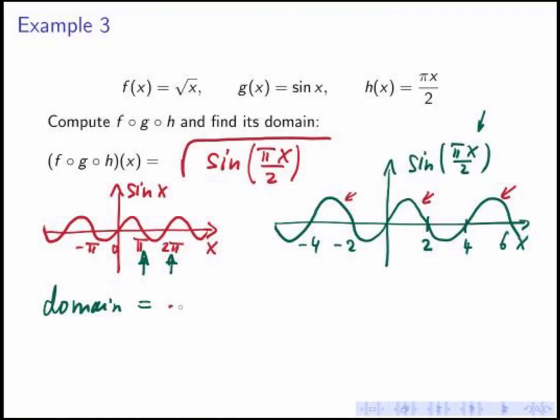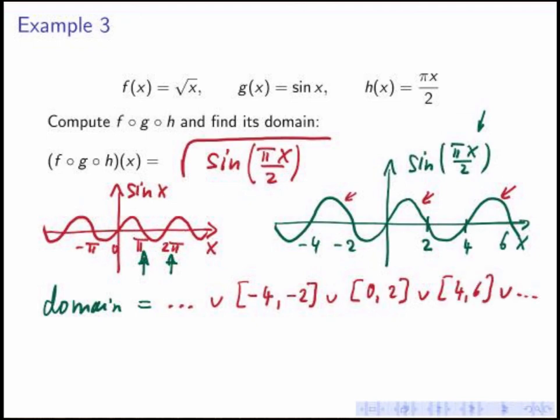So the domain is, actually I start with dots because it continues to the left and to the right. And then the first interval I see is minus 4 to minus 2. And then union with the interval from 0 to 2. Union interval from 4 to 6, etc. Okay? So we get a disjoint union of intervals, and between those intervals the function is not defined. On those intervals the function is defined.